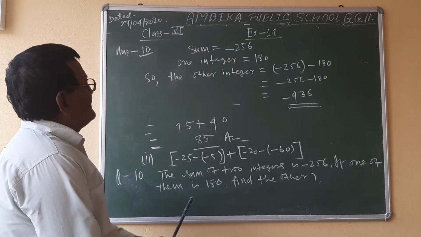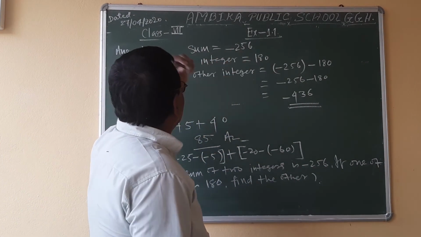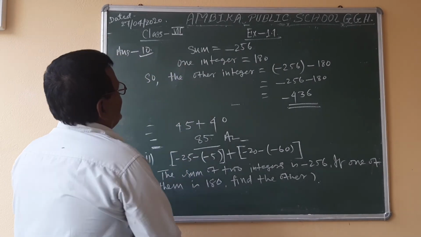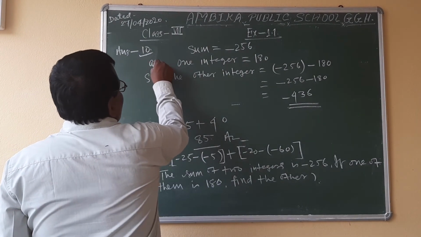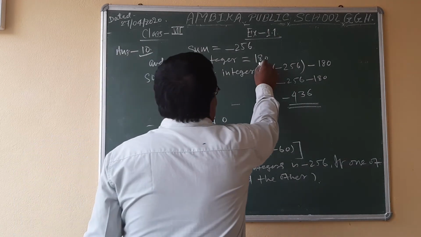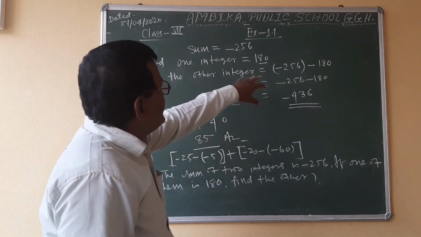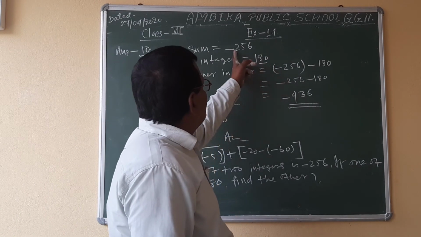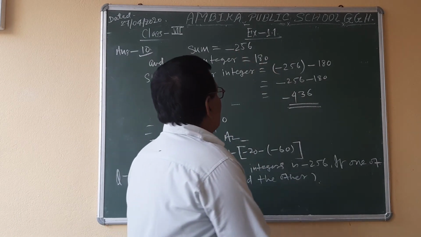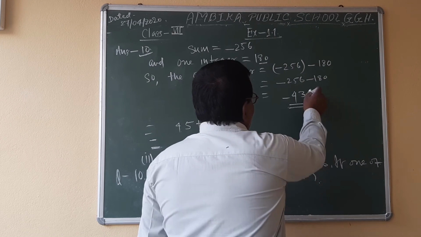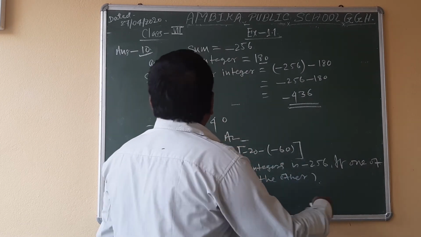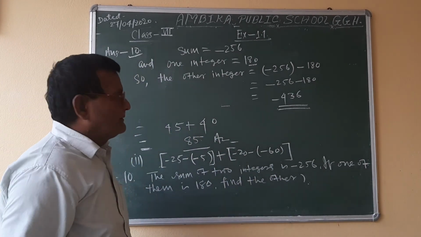So if the sum is minus 256 and one integer is 180, to find the other integer we subtract 180 from minus 256. So minus 436 is the required integer.